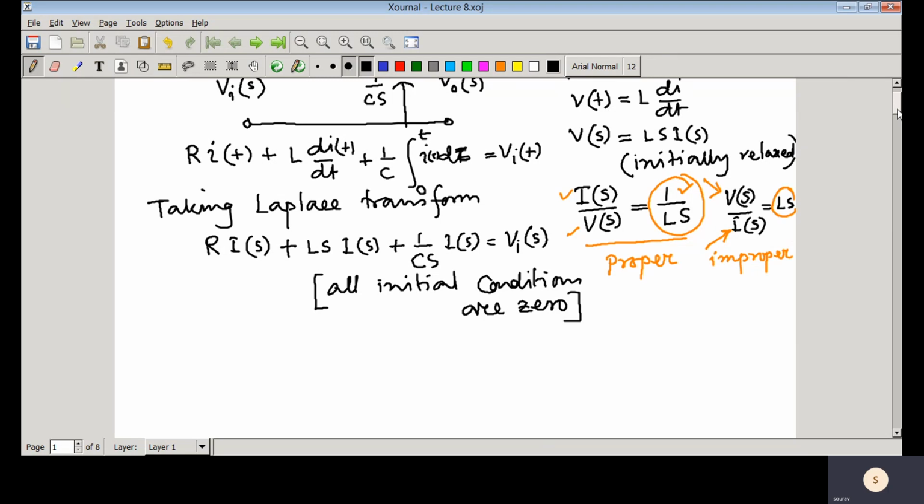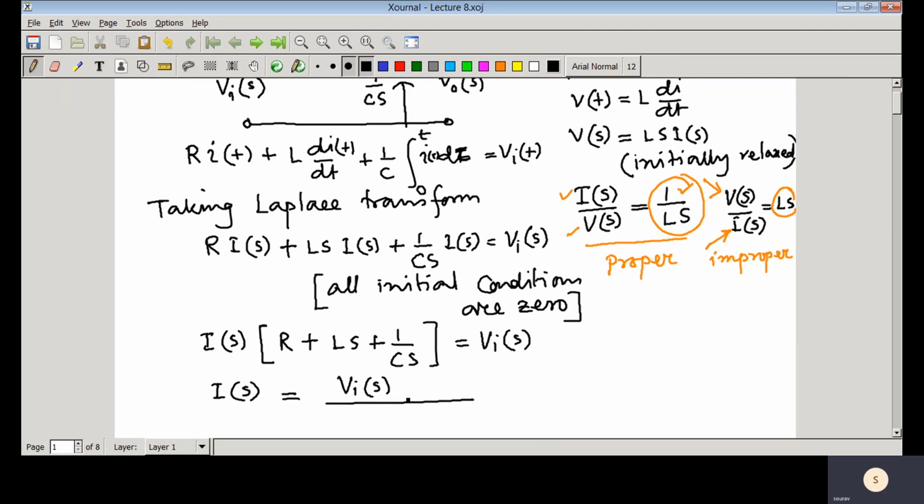Now this is an algebraic equation, so just manipulate it. The current I(s) equals Vi(s) divided by R plus Ls plus 1 by Cs. Now what is V0(s)?